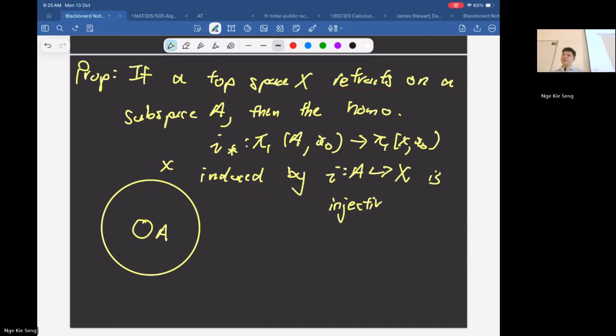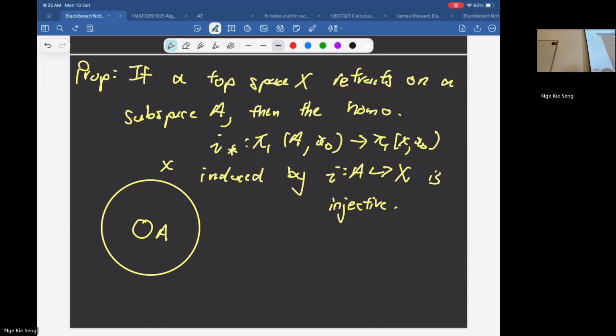Does it make sense? If you have a big space X and you want to retract to A, you have a loop in X, and by retraction you send it to A. So that loop could stay as a loop, or it is not a loop anymore.